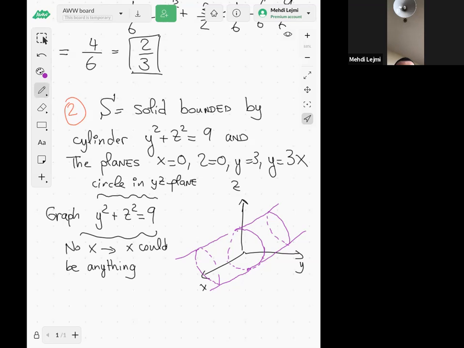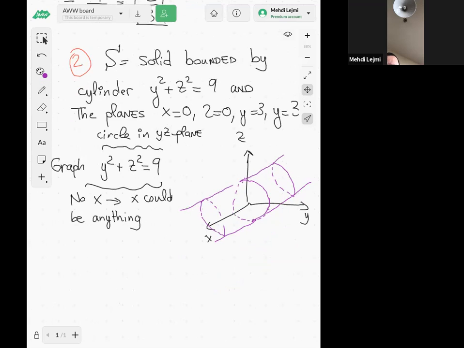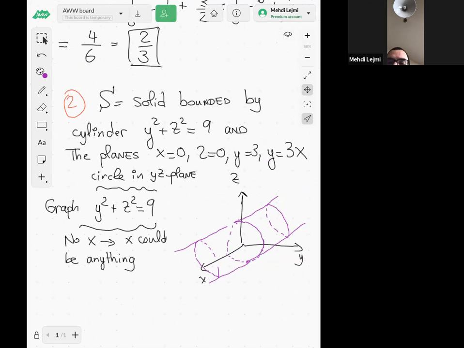So this is my solid. The question, of course, is to evaluate the volume of the solid S, but I'm going to use GeoGebra for this because it's not clear here. So I'm going to stop sharing the board for 1 second.